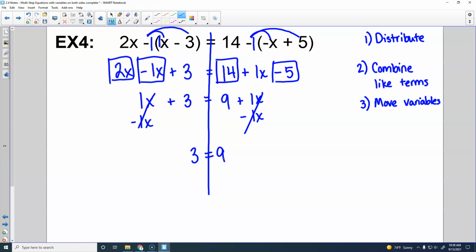A lot of students, if there's no x, try to start sticking an x in there. Like Passion, she was thinking, I'm just going to put an x right here and divide by 3. We can't do that. So whenever your variables cancel out on both sides, let's write this down. When the variables, I'm sorry about that.